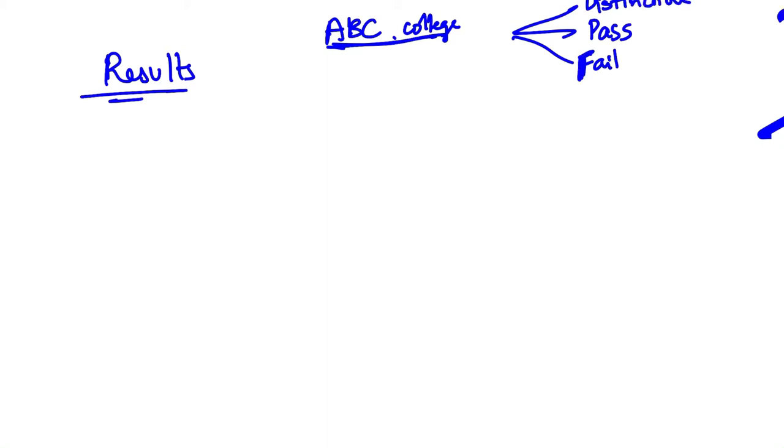So these are the three types of result we will be getting in any college, and let's suppose this is for ABC college.